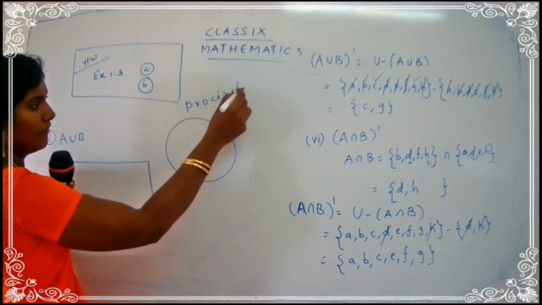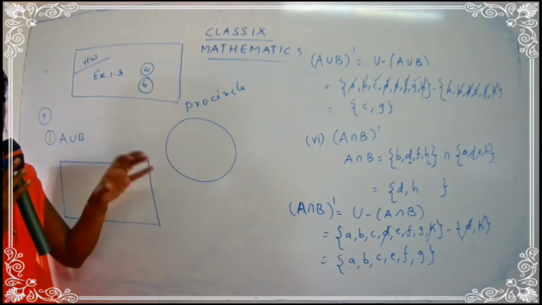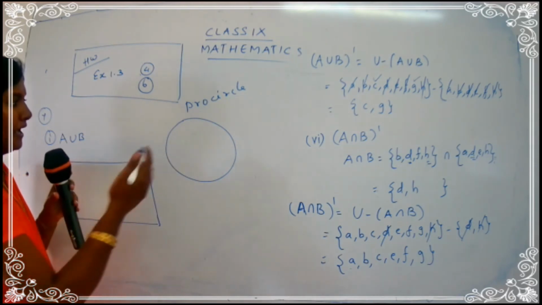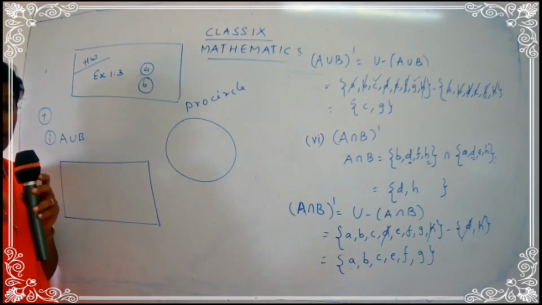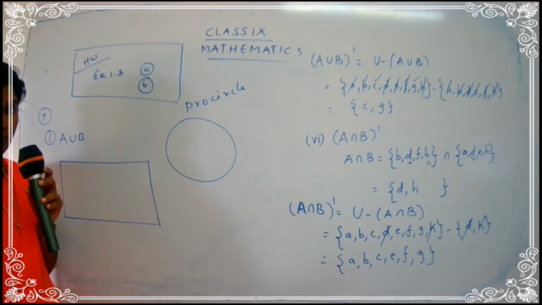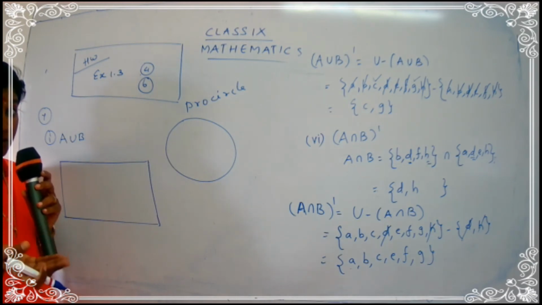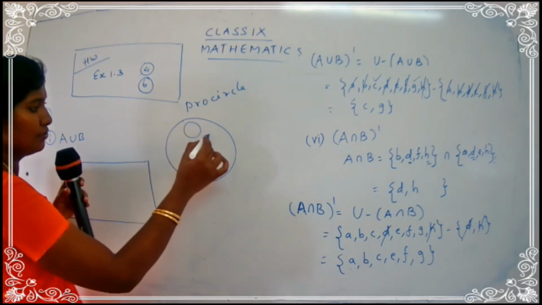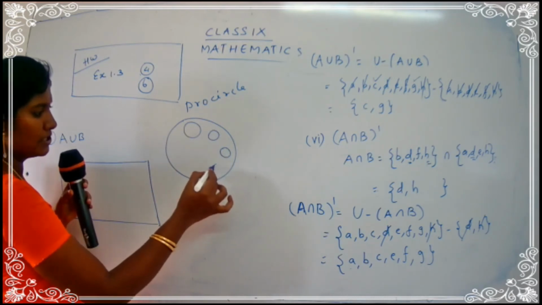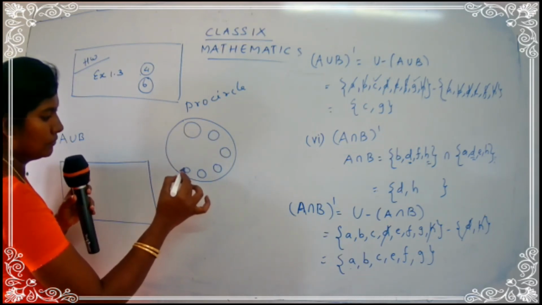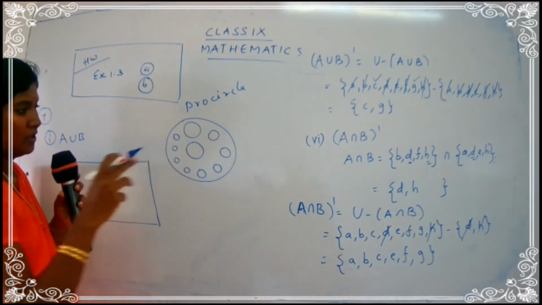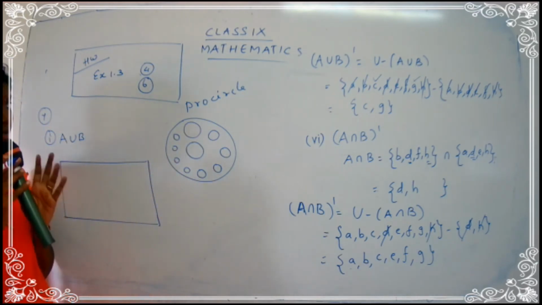You have to buy this from the shop, children. It will be of plastic, and you would have seen it bigger, like our sisters or brothers would be using for 11th standard, 10th standard. You have many small circles over it, yes children? So you have to get a pro circle.